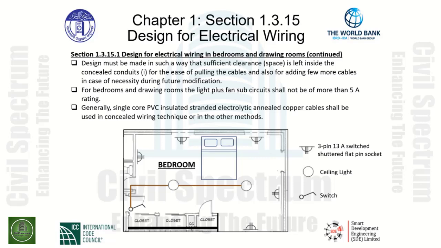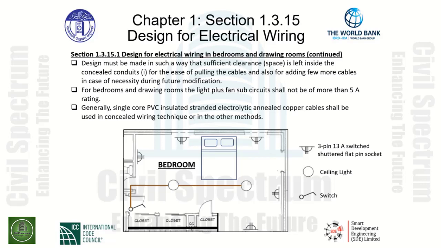For bedrooms and drawing rooms, the light plus fan subcircuits shall not be of more than 5 amp rating. Generally, the single core PVC insulated copper cables shall be used in concealed wiring technique or other methods.